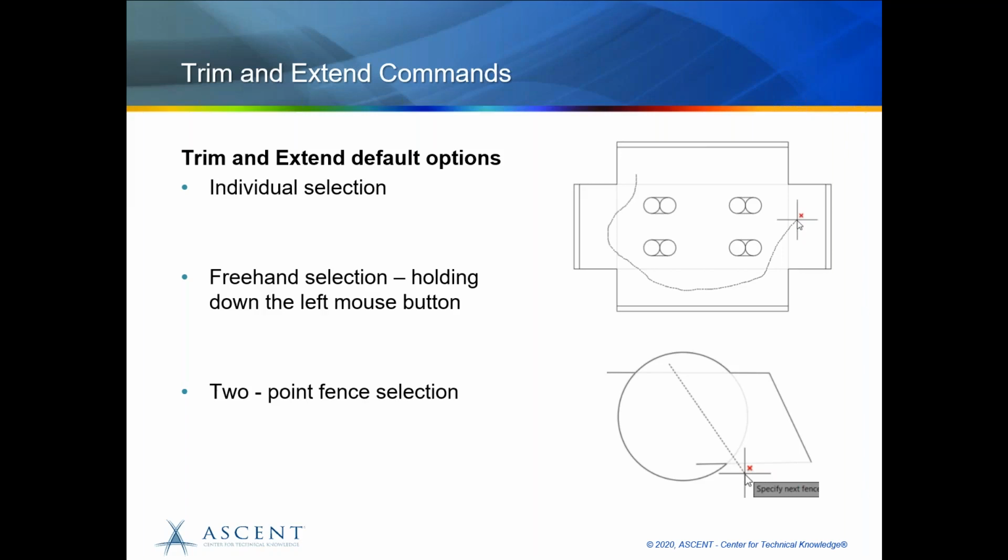And the object which is going to be trimmed will be faded in light gray. So if you feel that that's what you wanted, then you can click on that portion of the object and trim it, or you can just extend it.